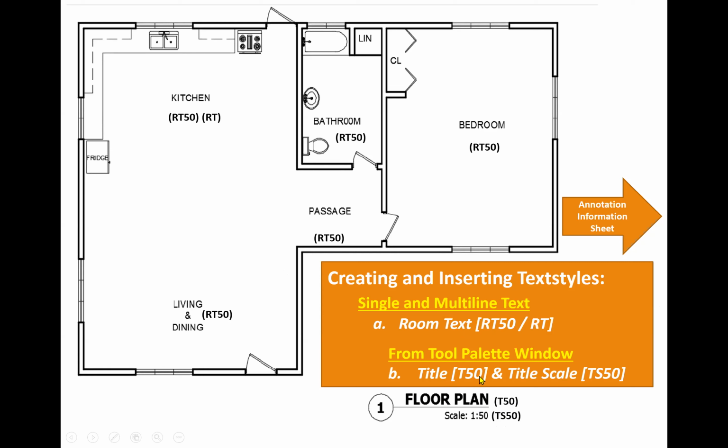The same principle applies for the other scales. So I would have a T100, a TS100, a T20, a TS20, because all drawings that will be printed at all scales will have a title below them, right? So it's the same principle. Not all drawings, though, would have a floor plan at all scales. Usually, the floor plans will be at scales such as 1 in 50 or 1 in 100.